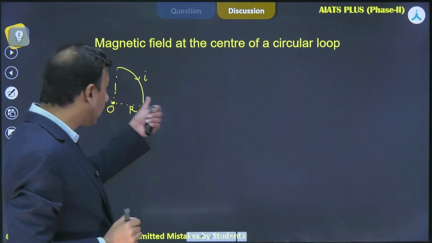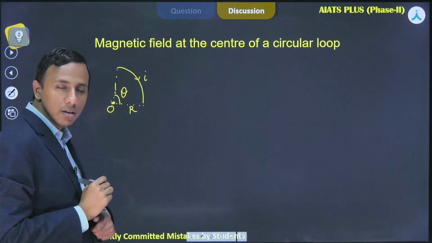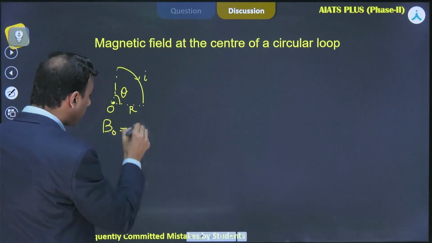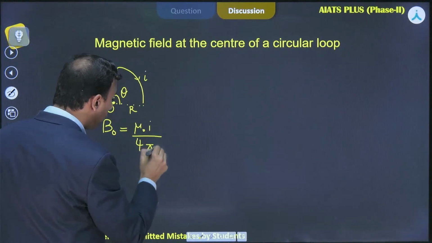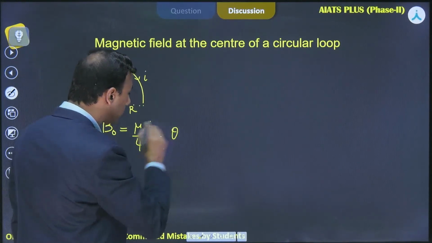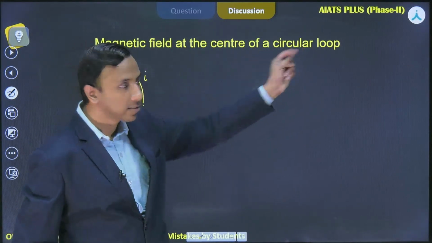So what will be the magnetic field at the center of this arc? Let's say the angle is theta. So please remember that formula, magnetic field at center O will be equal to mu naught I by 4 pi R into theta. If you remember this formula, you will be able to find this one for circular loop.